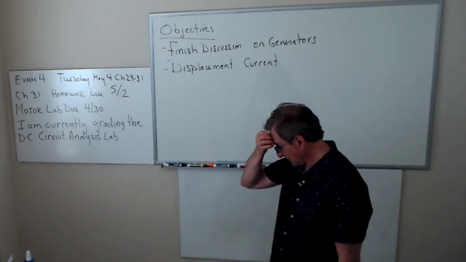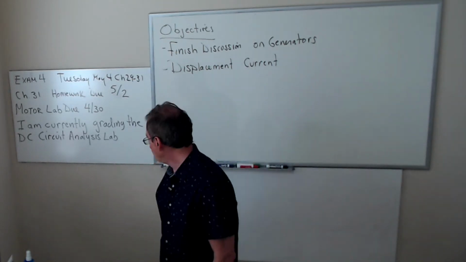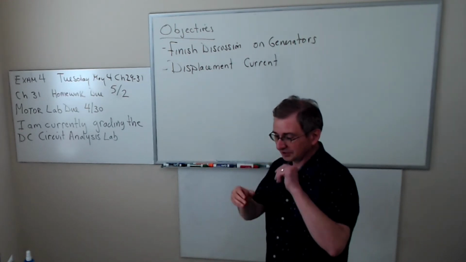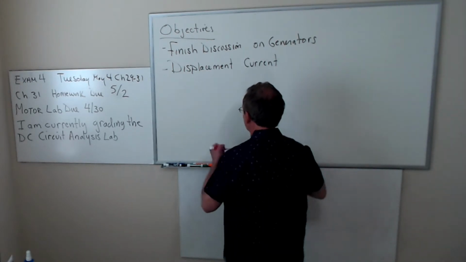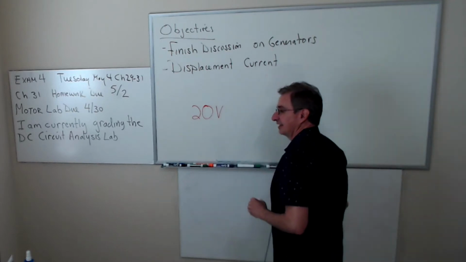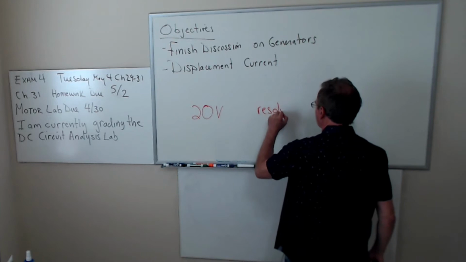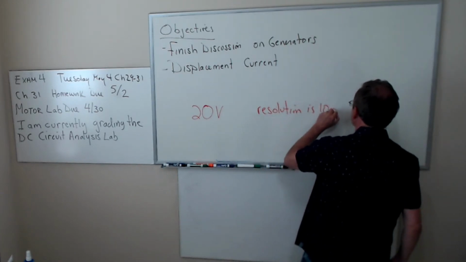One of the issues I've noticed, and I didn't think about, on the lab, on the larger multimeter, on the 20 volt scale, it says that the resolution is 10 millivolts.